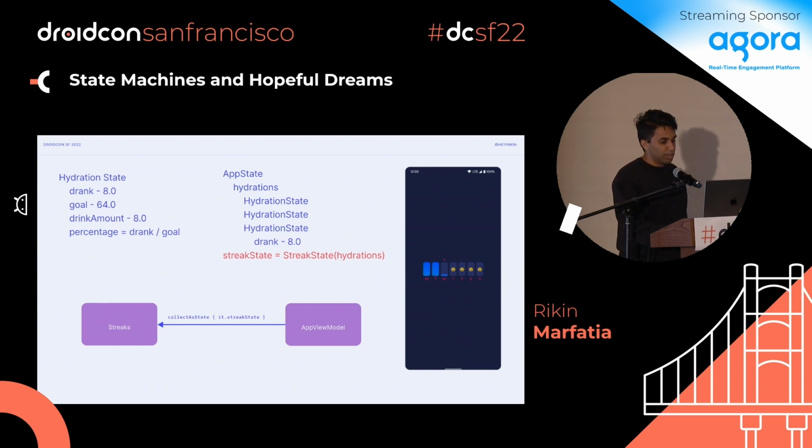One cool side effect of modeling state in this way is that if I have codependent features, for example the streak screen, streaks also depends on that list of hydrations that was updated from that action. So when I navigate over to that streaks feature, it'll also get recalculated once the state updates.